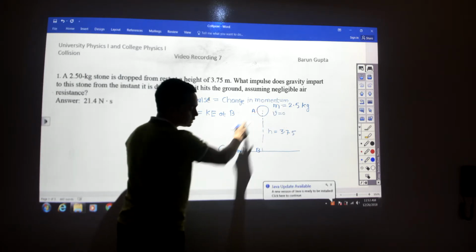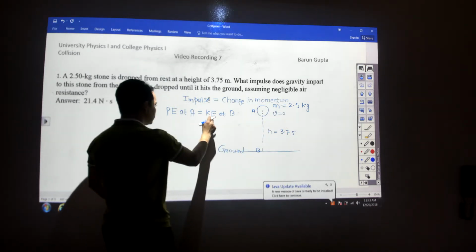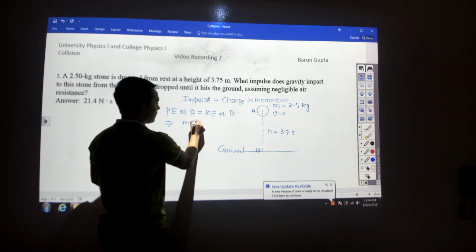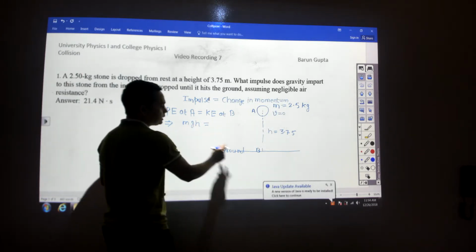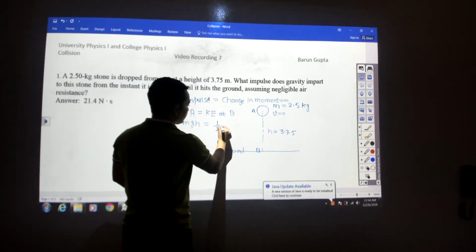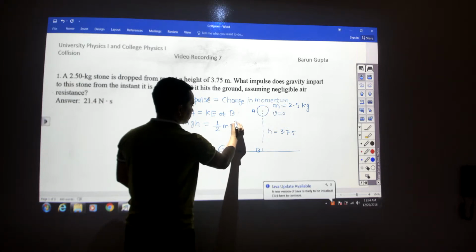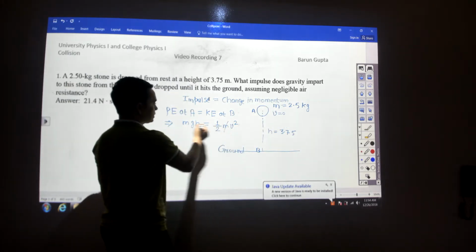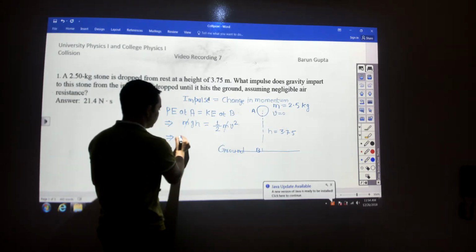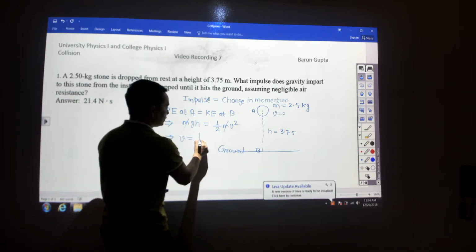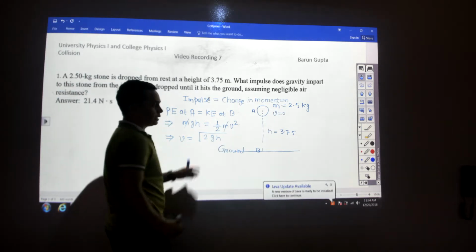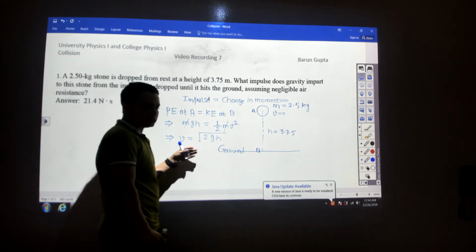What is the potential energy at this point? The potential energy is equal to mgh, and the kinetic energy at this point is equal to half mass times velocity squared. The mass cancels out, and the velocity can be expressed as the square root of 2gh, where h is the height here, and you just need to plug in all the numbers.